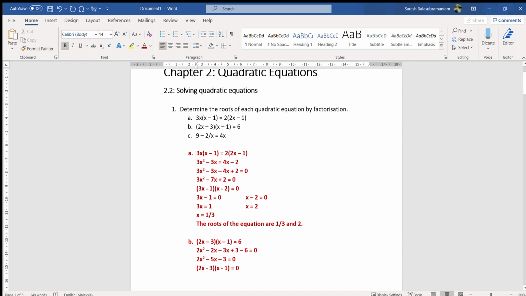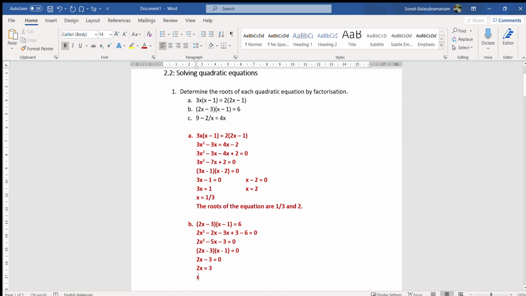From the first bracket, 2x - 3 = 0, 2x = 3, x = 3/2.